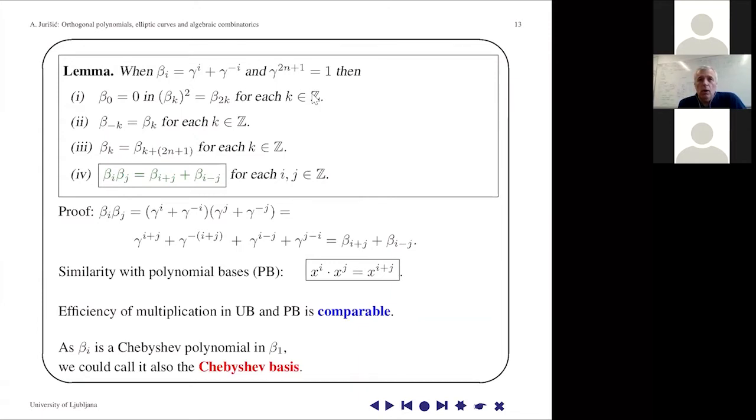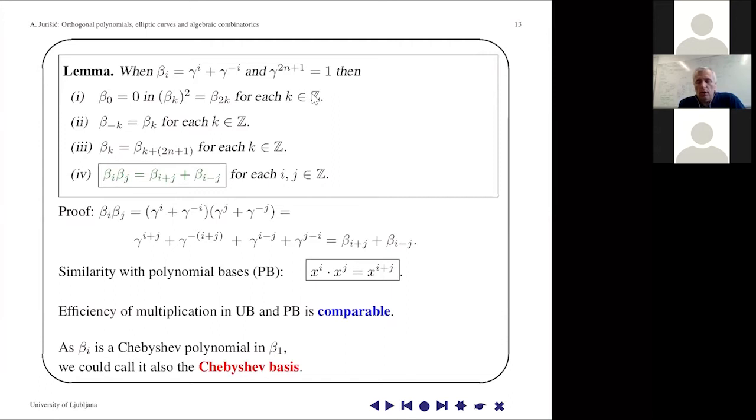But when I wrote this down, that this is actually the formula, I said, well, this is very close to polynomial basis. In polynomial basis, you have x to the i times x to the j is x to the i plus j. So there you go. These multiplications are comparable, especially if we do these multiplications using some tables.